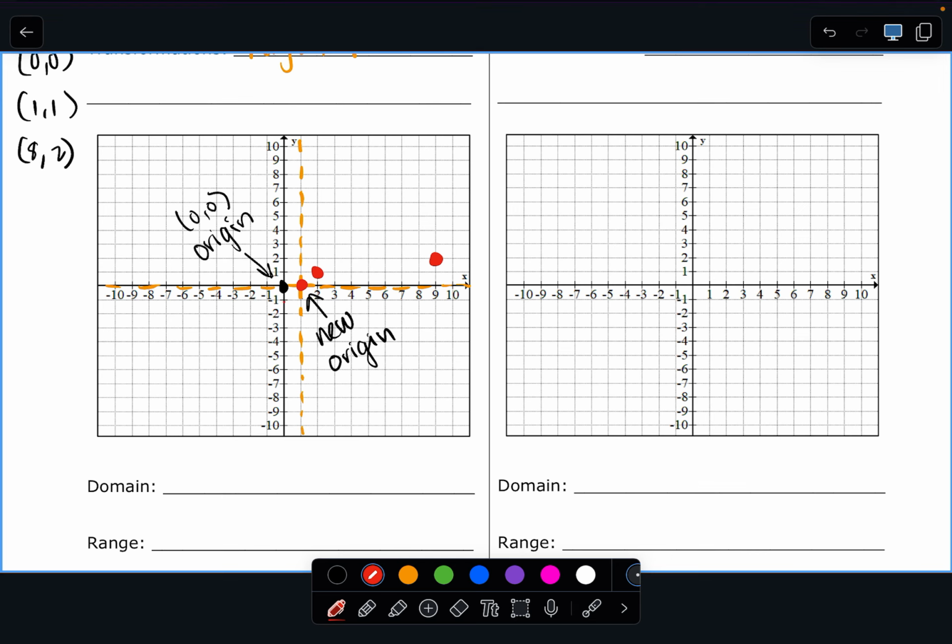So I'm going to have a point here, and that means I'm going to go left 8, down 2. 1, 2, 3, 4, 5, 6, 7, 8, down 2. And then when you connect your dots, it should look like your cube root function that we drew. The only change to it is that it shifted every single point to the right 1.